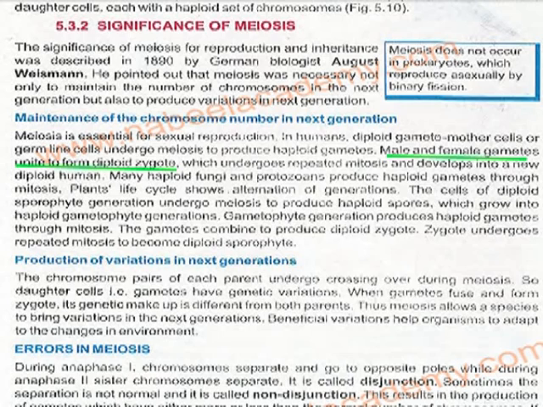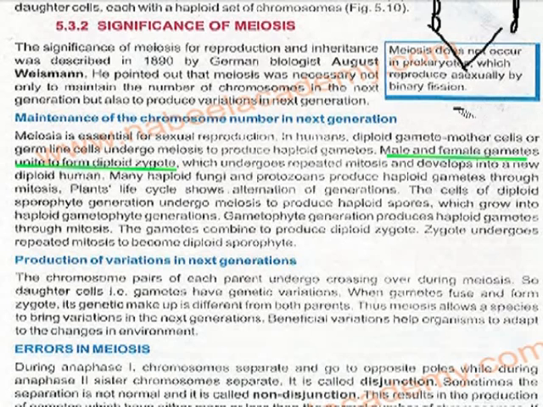How? See, I'll tell you. This is one chromosome, one chromatid, haploid. This is male, and this is one chromatid, which is female. This is from the egg, and this is from the sperm. When they join with each other, what happens?